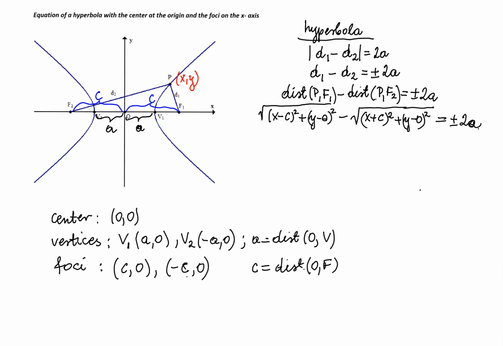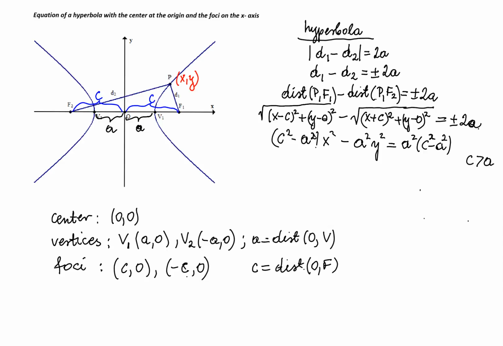So after doing a lot of work, the details of which you can see in the textbook or in the notes, we would end up with the equation c squared minus a squared times x squared minus a squared y squared equals a squared times c squared minus a squared.